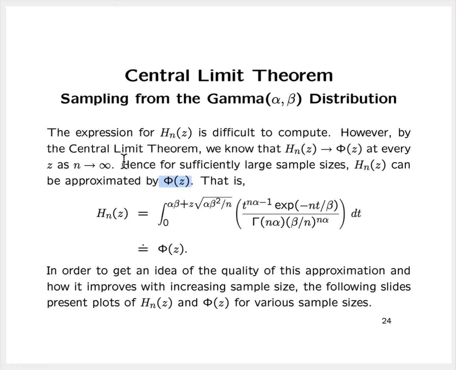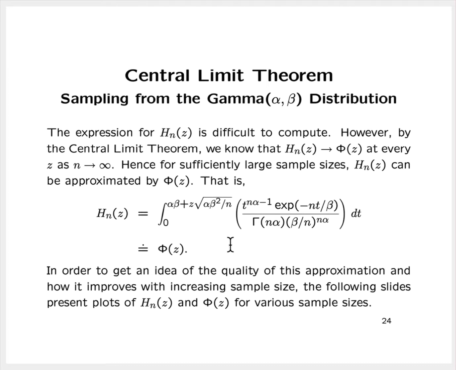Again, what this is telling us is that for sufficiently large sample sizes, this integral, which is the expression for the true sampling distribution of Z sub n, the standardized version of X bar, is approximately equal to the standard normal CDF evaluated at z.